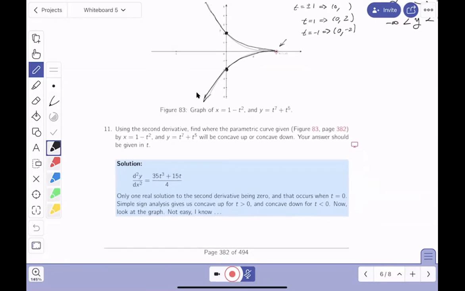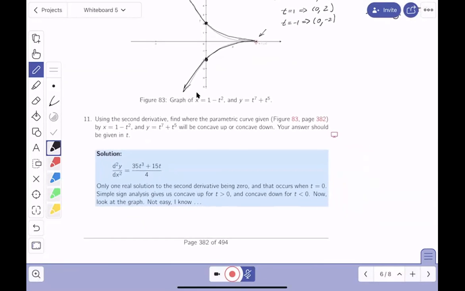And I know it's tough, but here's the deal. If you've got a picture and someone says, what's the point of having a picture? The point of having a picture is to look at the curve and understand what the second derivative is given to you. It's given to you concavity. So if I were to write this down, just looking at my picture, I'm sorry about that, I got to erase that now.